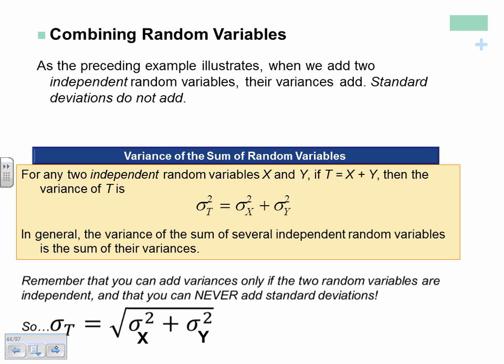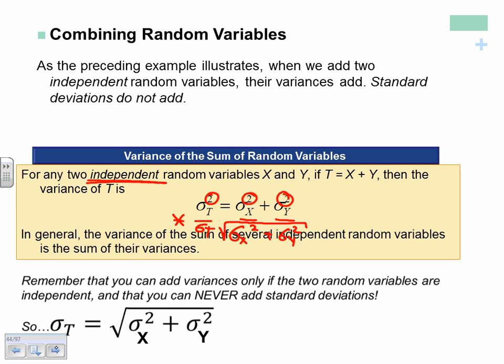So let's just talk about it. When I combine two independent events, so these two random variables have to be independent, I can only put the sum of the variances together. So if I want to find this new standard deviation, I am going to square root the sum of the variances.